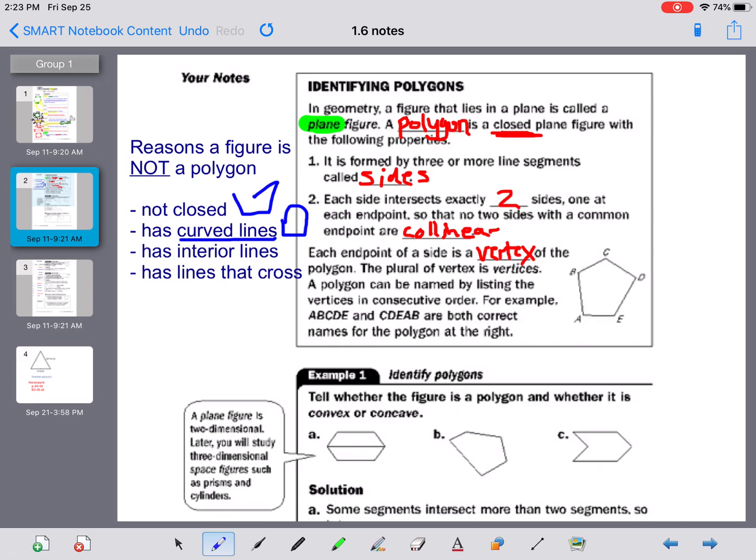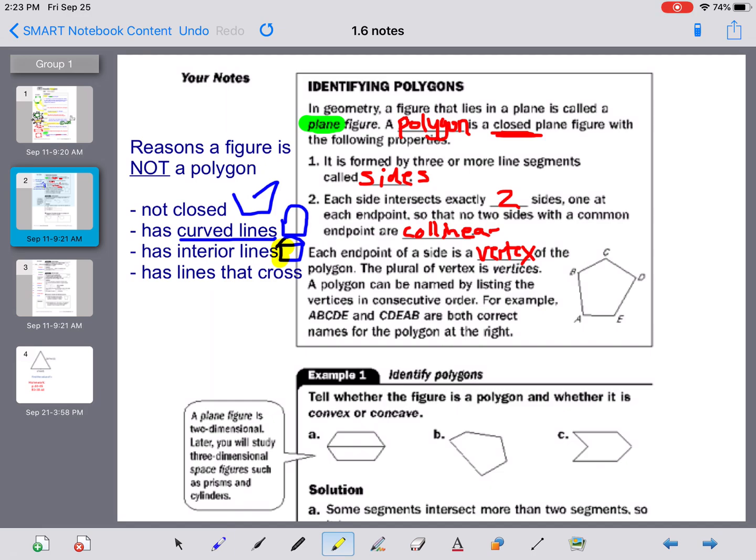Okay, this interior line thing. So something like this, maybe you see the little house drawing. This one does not go with this part. Each side intersects exactly two sides, one at each endpoint. So if you think about this side right here on the left, it touches the bottom side, that's one side. It touches the slant up to the roof, that's two sides.